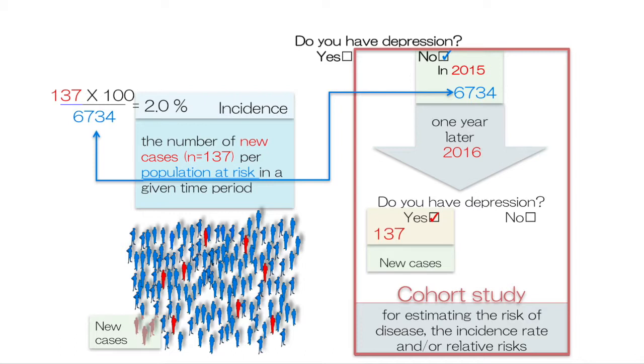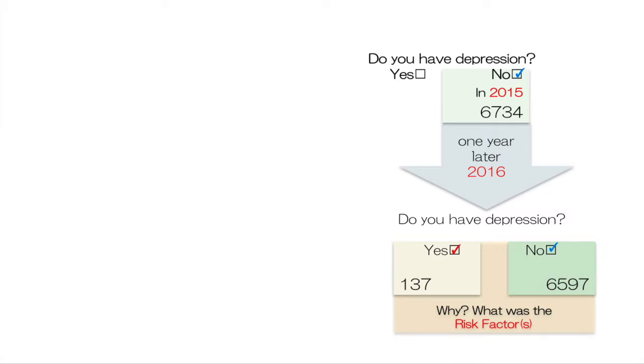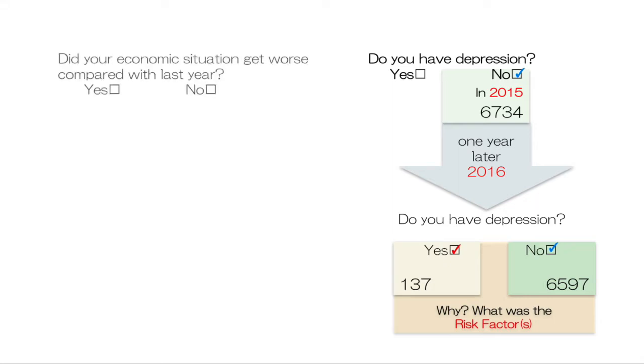Here we can ask why. What was the risk factor or risk factors for the new cases happening? Imagine in 2016, one of the new questions is, did your economic situation get worse compared to last year?